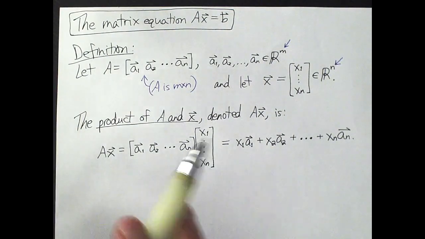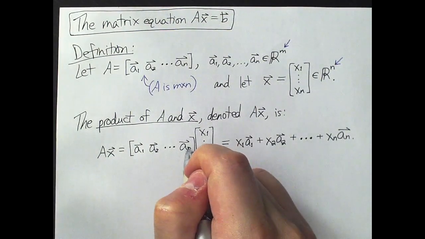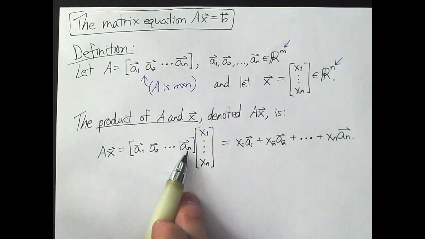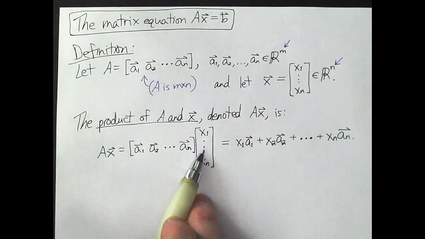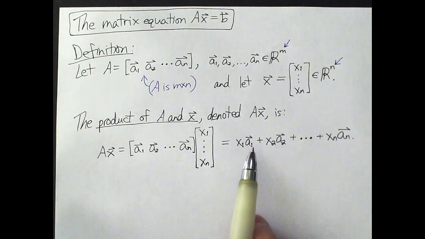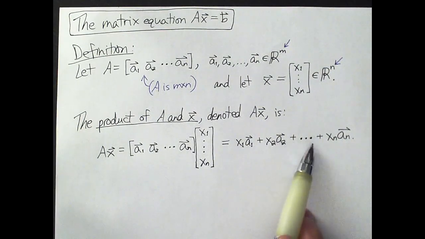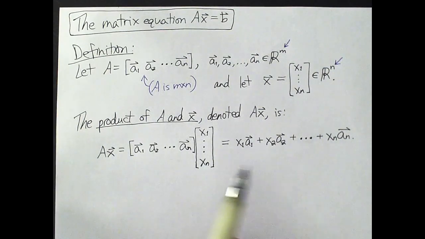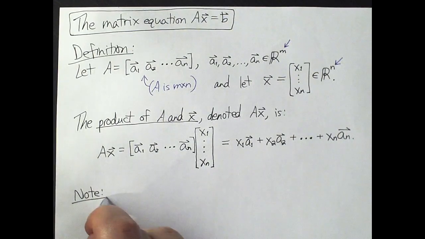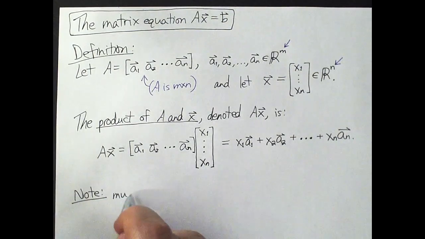Notice that it worked out perfectly because we had n columns in A, and we had n entries in X. So when I wanted to go from the first one to the second one, the third one, all the way to the last one, we have the same number of things to match up. Underneath that, I'm going to say we must have that the sizes match up.